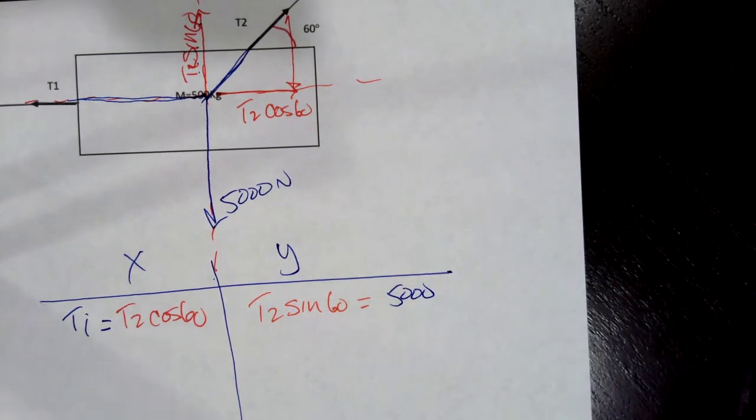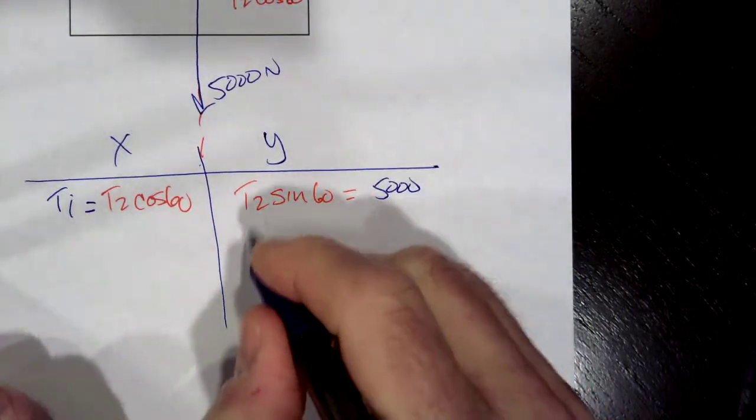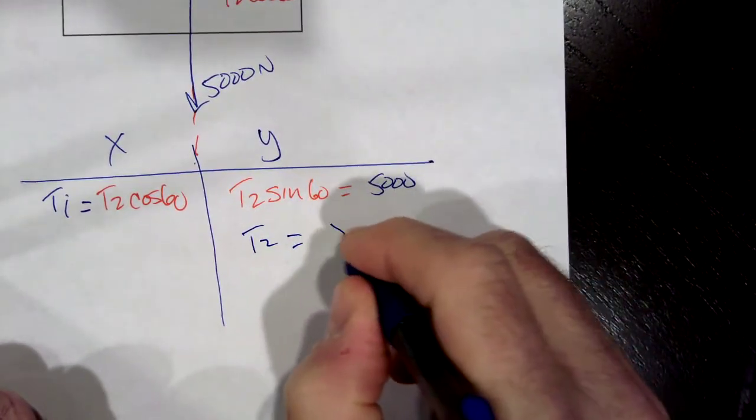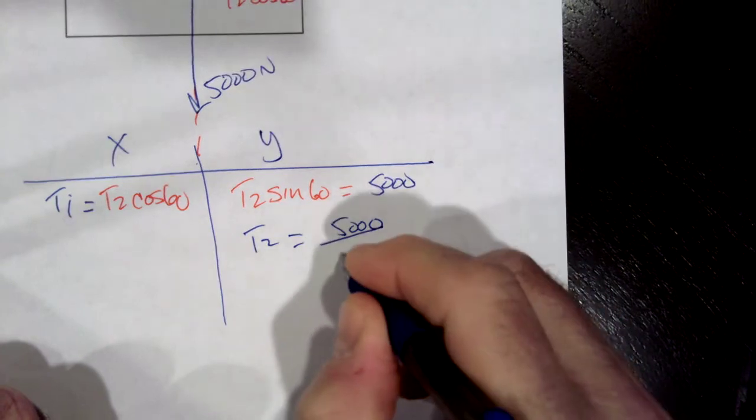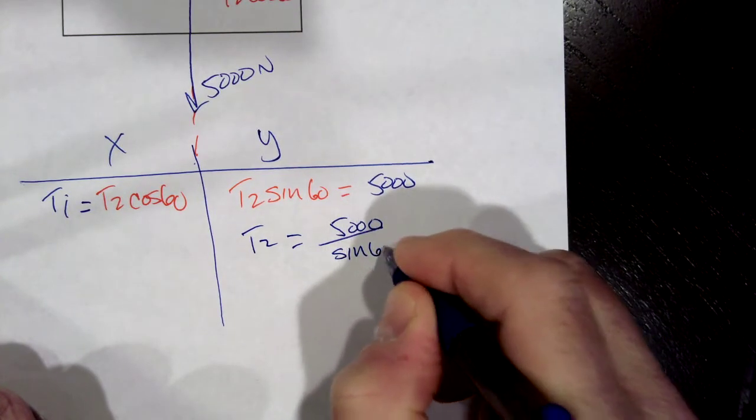All right. I can solve for T2 right over here now. T2 is going to be 5,000 divided by sine 60.